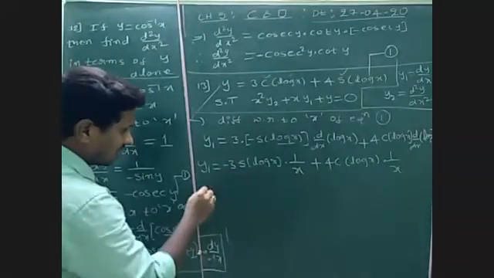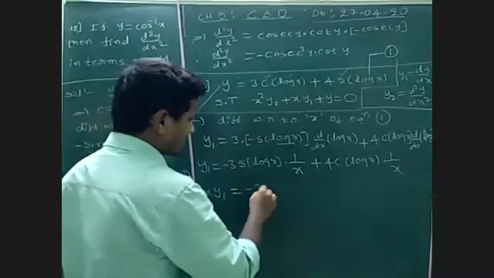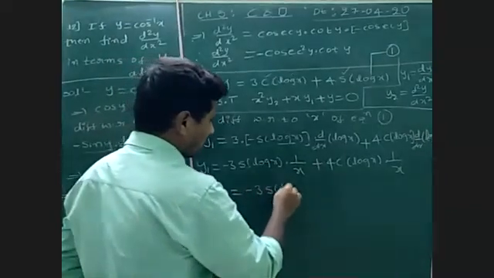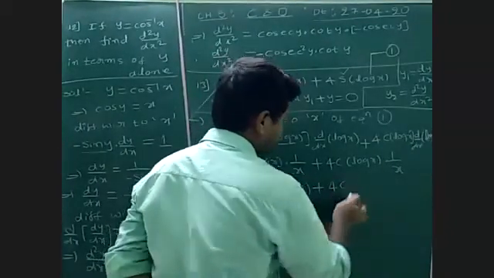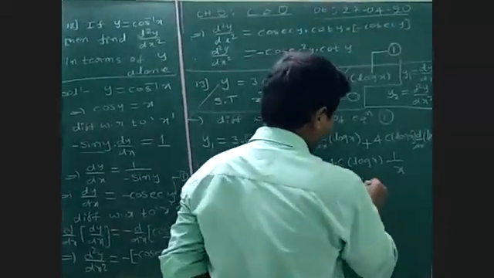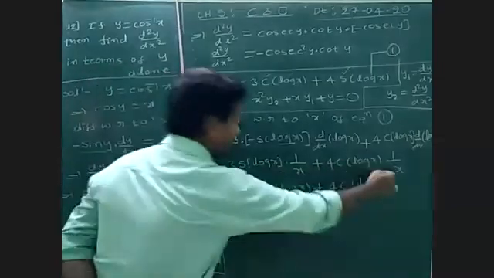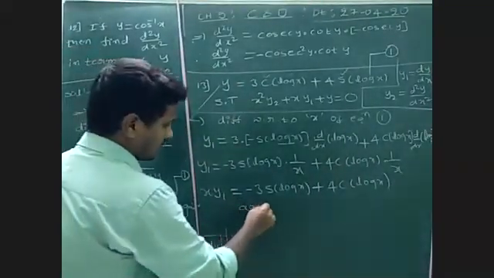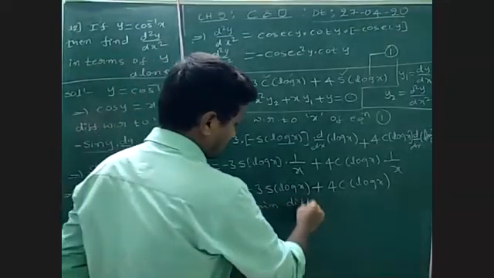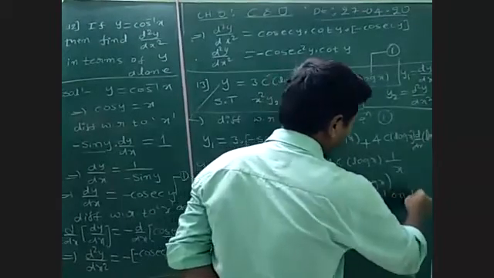Shall I write these values as x y1 is equal to minus 3 sin log x plus 4 cos of log x. Okay, I'm taking LCM and I cross multiply, this x becomes left side. Now I want to differentiate again, differentiate with respect to x on both sides.